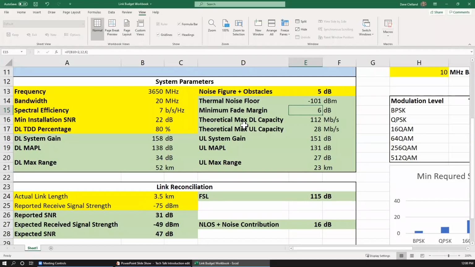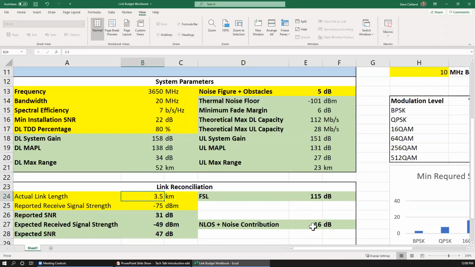Okay. So in this particular context here, at a CPE that's at 3.5 kilometers away, I think if I change this, that probably changes that number. I would expect to see a neg 75. I would expect to see a neg 49 dBm signal RSSI at that point, and my expected SNR at that point would be 47. But if I actually put a CPE out there and I see that it's actually at neg 75, then I know that I've got 16 or so dB of non-line of sight and extra noise contribution.